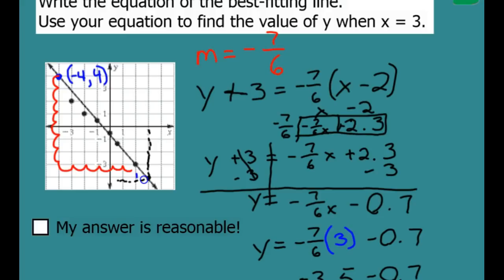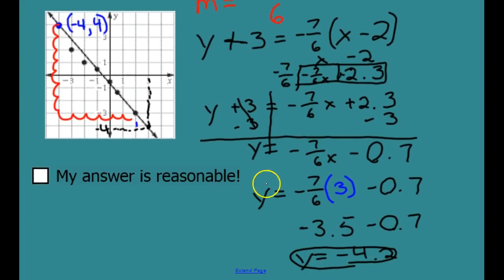And then if we go over to our y-axis, we see that it's at negative 1, negative 2, negative 3, about negative 4. So our answer of y equals negative 4.2 is very close to y equals negative 4. So that means our answer is yes, it's reasonable. As long as it's close, it means it's reasonable. It makes sense.